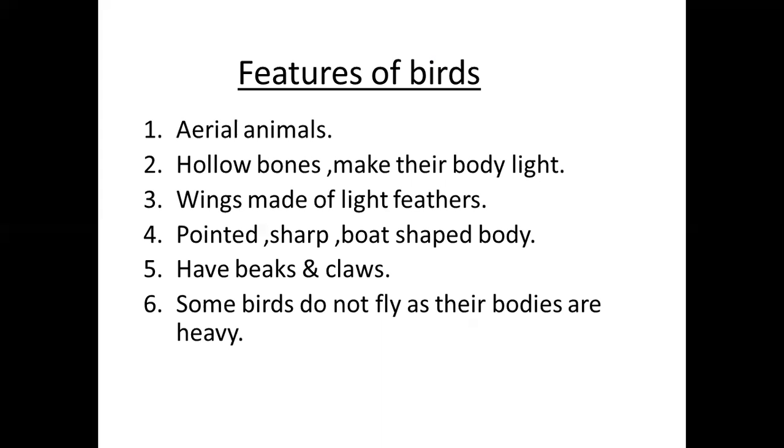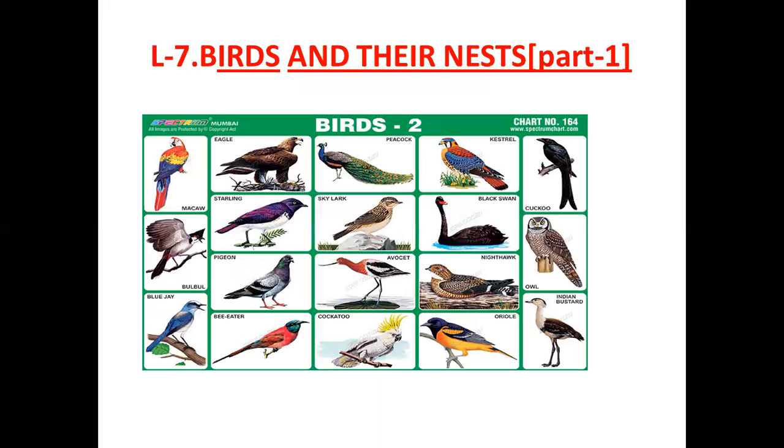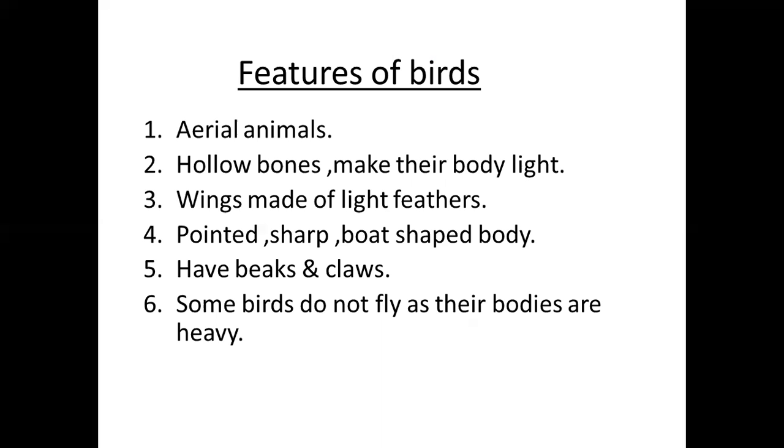So once again, let us see what the features of birds are. If you observe this chart clearly, we can say the features of birds. Birds can fly in the air, so they are known as aerial animals. Birds can easily fly and float in air because of some special features.